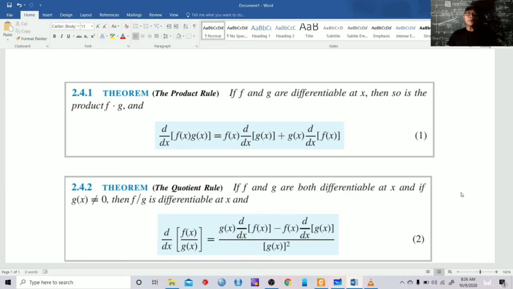Alright, so we also have the product rule and the quotient rule. If f and g are differentiable at x, then so is the product f times g.